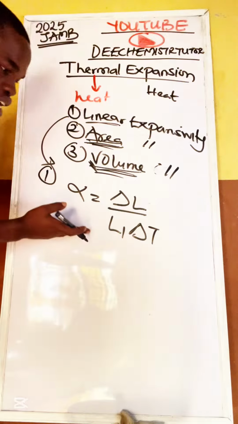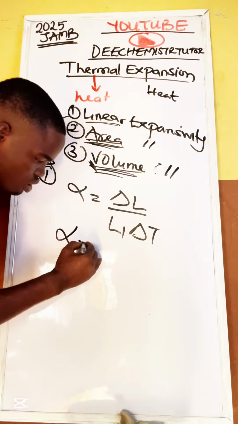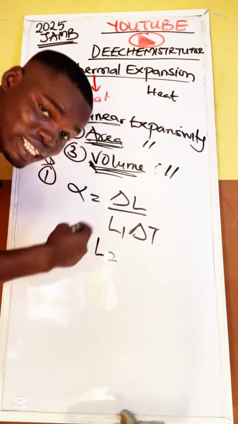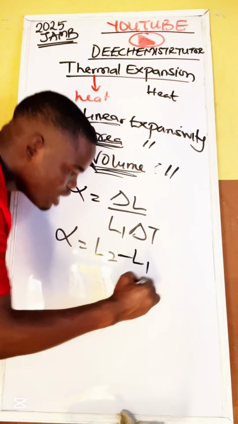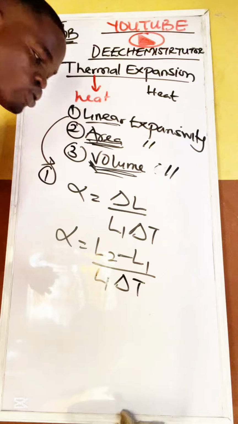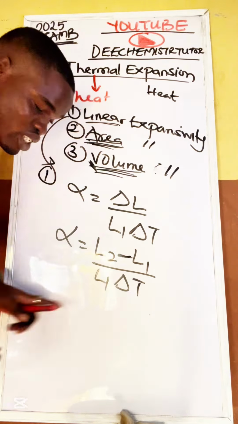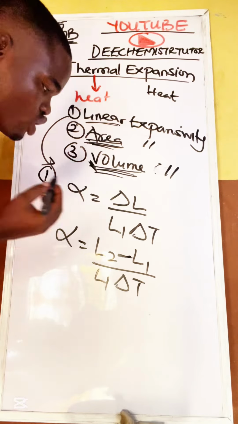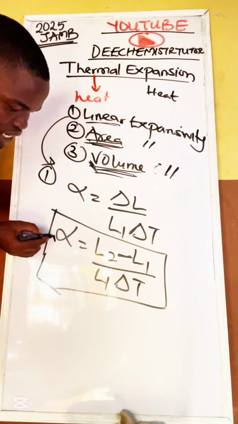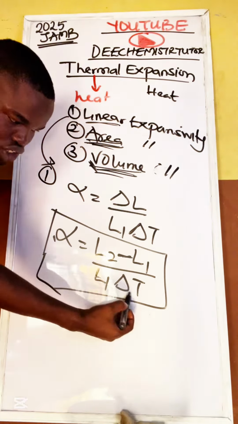This change in L, just like I explained, is L2, the final length based on the temperature, minus L1, all over L1 times the change in temperature. There's one question in JAMB on this, but just take note of this first. So this is linear expansivity, due to the change in length, L1, and change in temperature.